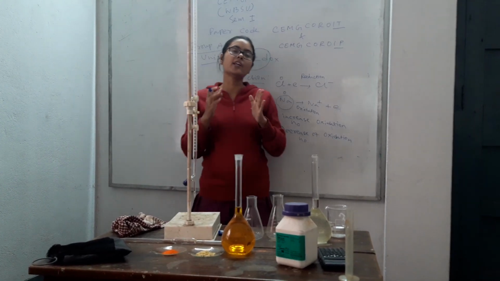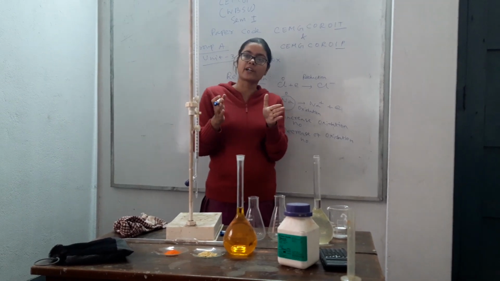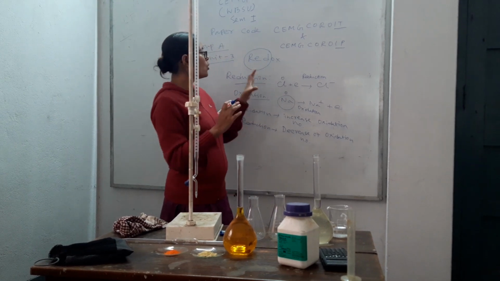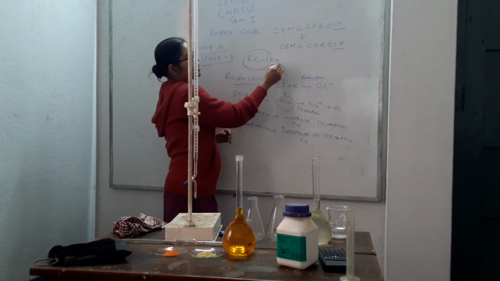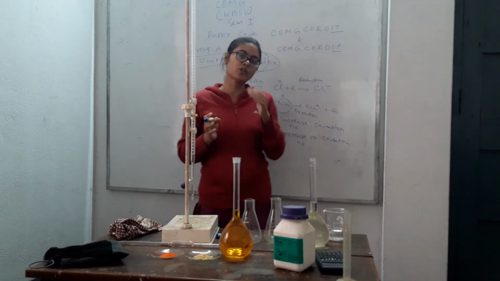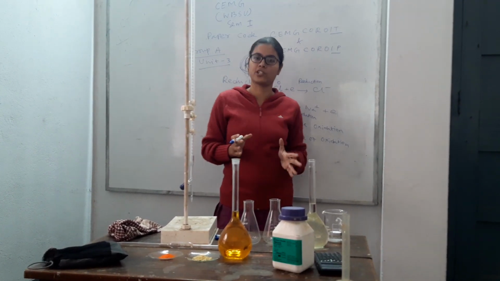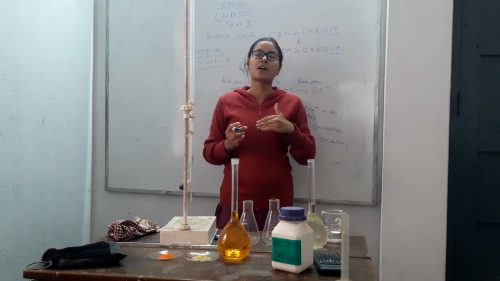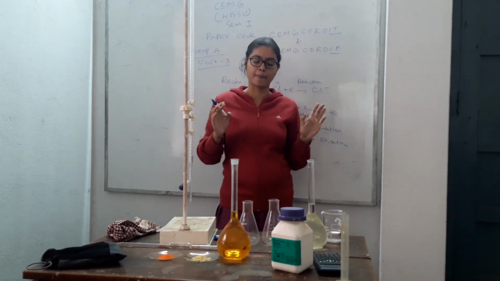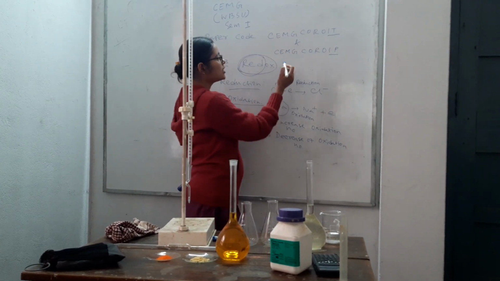So always these two reactions go simultaneously. Therefore, as a whole, we say it is a redox reaction. So today we are going to discuss a real redox reaction, when some species is oxidized and some species is reduced simultaneously.